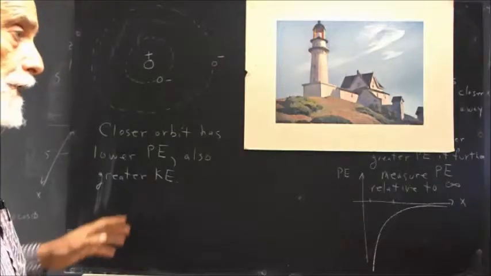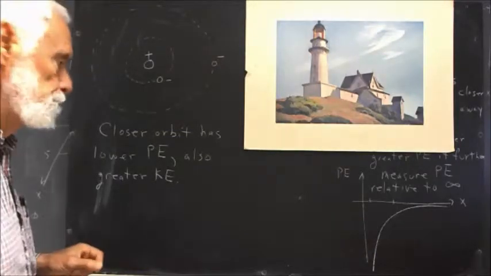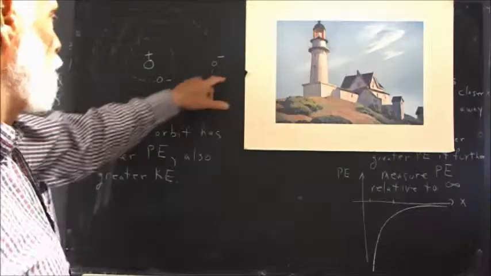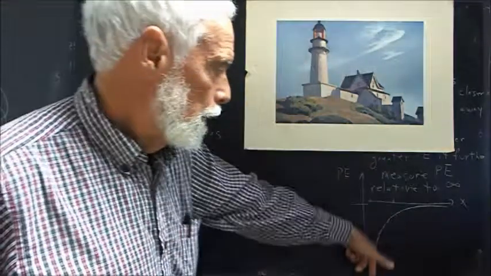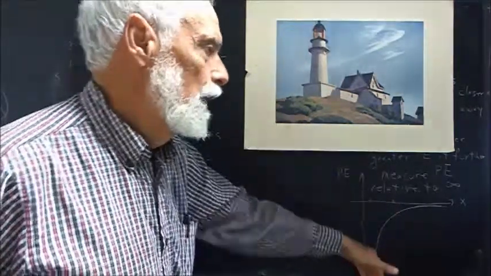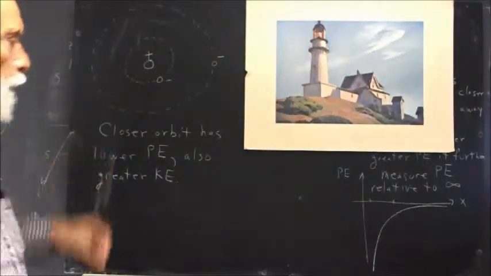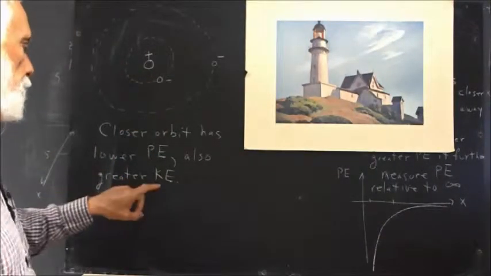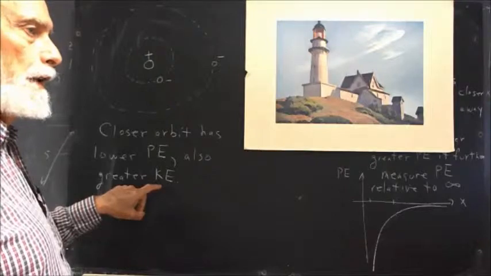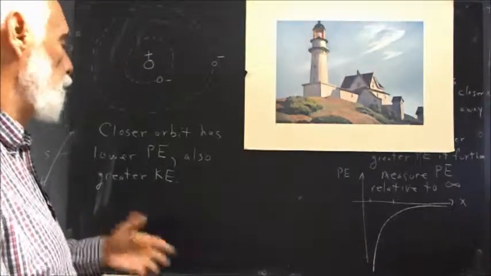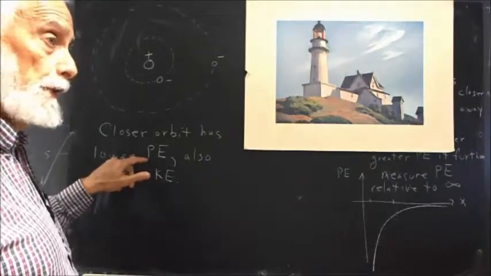If you want the details, I'll state it fairly quickly. The potential energy gets lower, but it's going in the negative direction, so it's a lower potential energy of greater magnitude. The kinetic energy turns out to be equal and opposite to the potential energy.